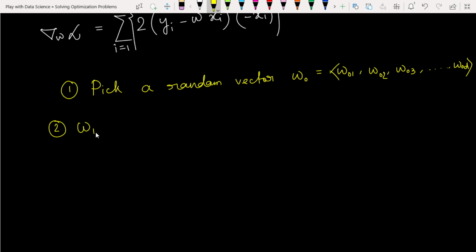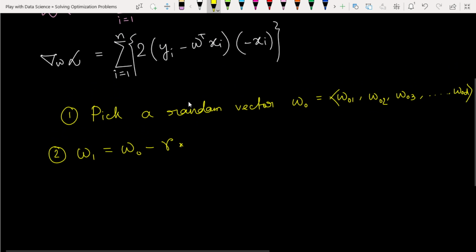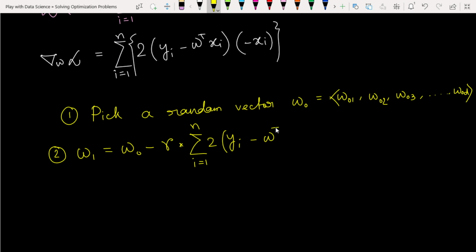Now we are going to calculate the w1 vector. w1 is equal to w naught minus some learning rate times the derivative that we calculated previously: the summation, i equals 1 to n, of 2 times (yi minus W transpose xi) into minus xi.